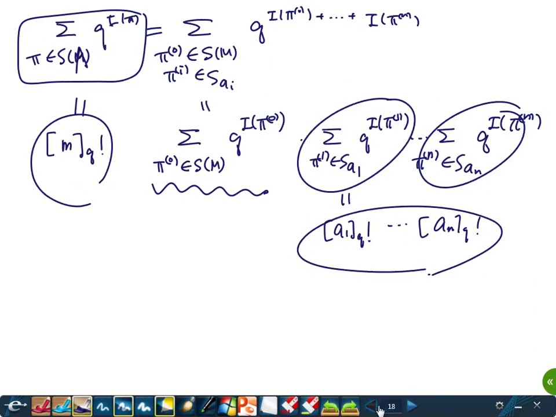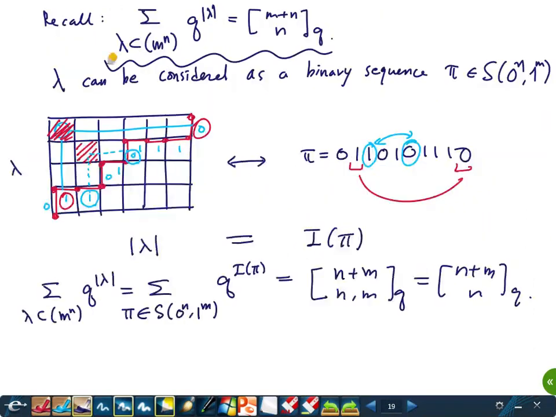And that gives you another proof of this fact. All right, so we have defined the inversion number of a permutation, or also a permutation of a multiset, which is often called a multi-permutation.